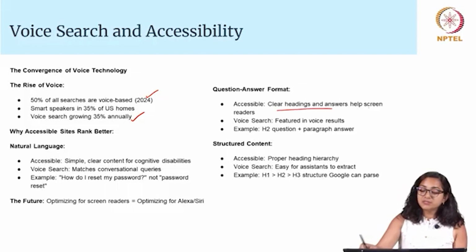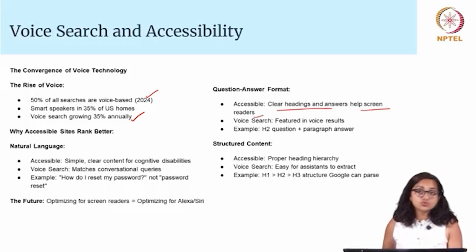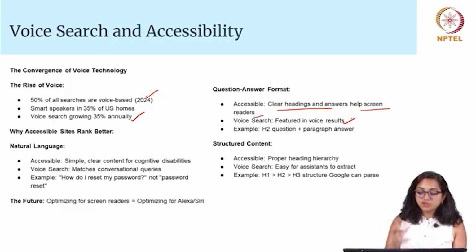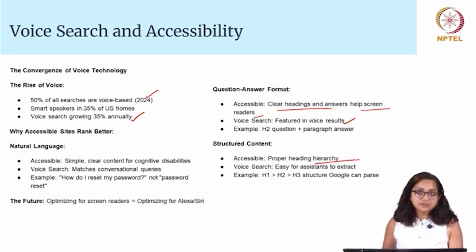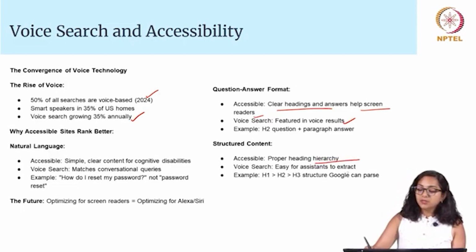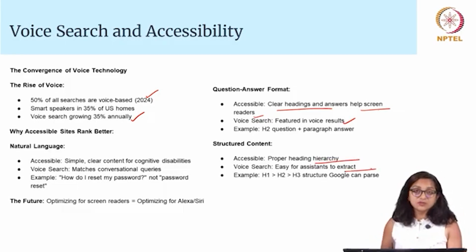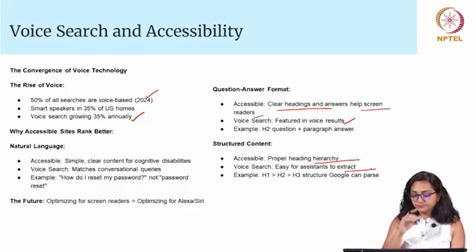So clear headings and answers help screen readers search for the right section. Voice search featured in voice results. So an example is a level 2 question plus a paragraph answer. With accessible structured content, a proper heading hierarchy makes the content accessible, and then it is also easy for assistants to extract for voice search.